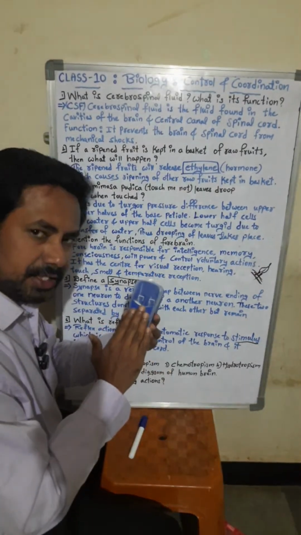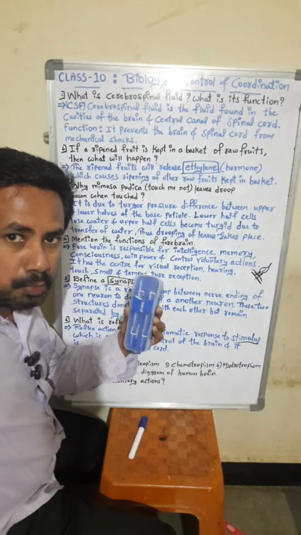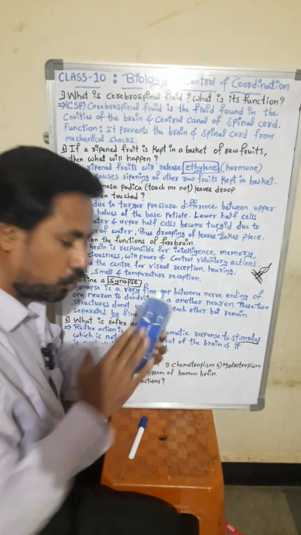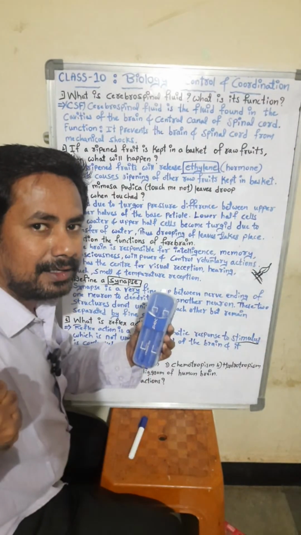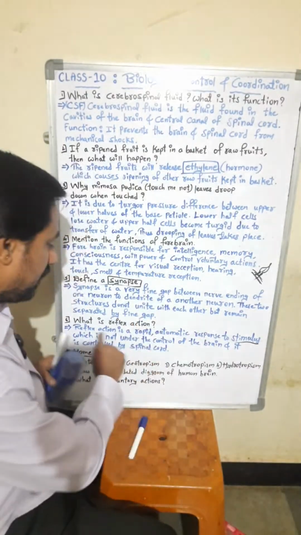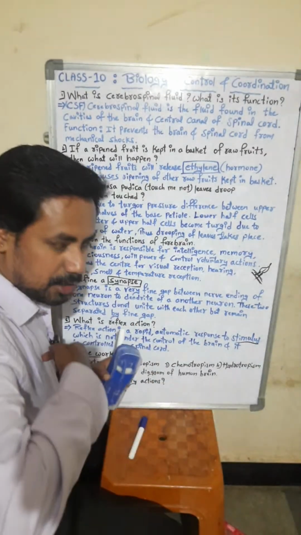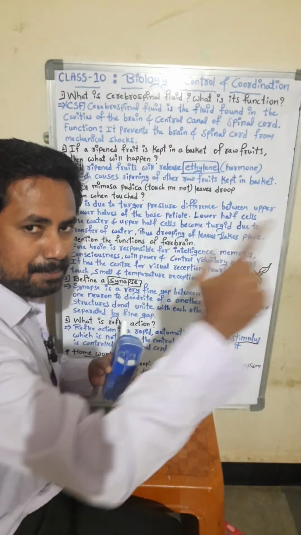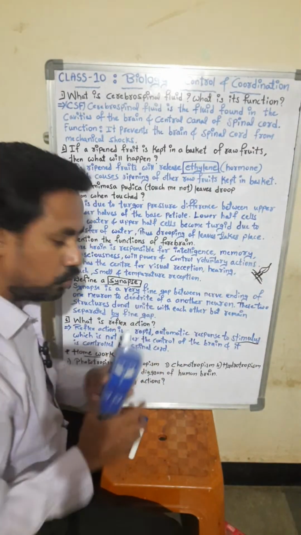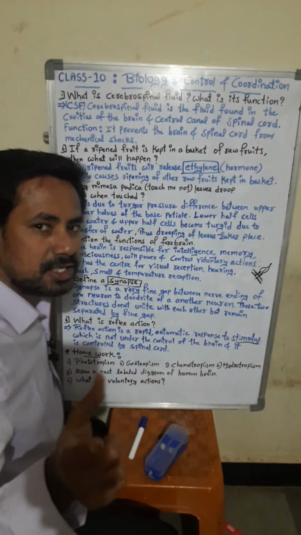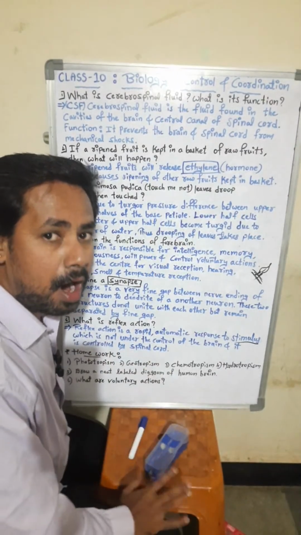When you touch this hot object, suddenly you will remove your hand. Quickly you will withdraw your hand. Why? Because of reflex action. Our spinal cord sends a message to our hand to remove it, because reflex action will protect our body from harm.